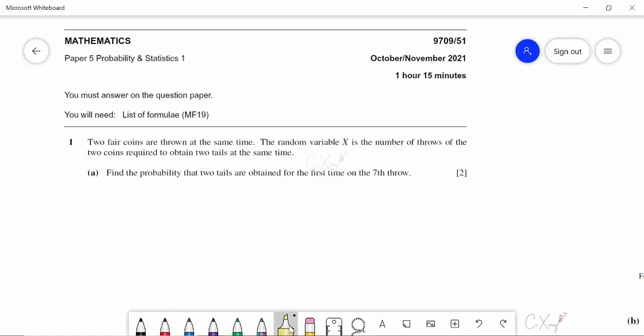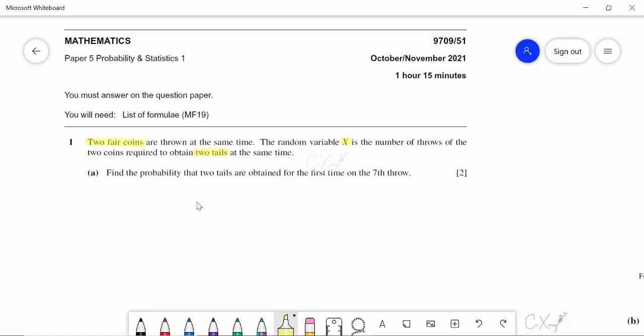Okay, so for this question, there are a few important keywords here. First of all, two fair coins are thrown. After that, they define the random variable X, which is the number of throws of the two coins required to obtain two tails at the same time.